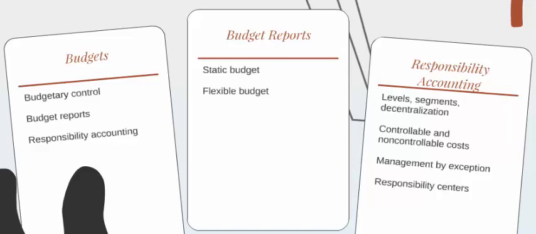Again, the variance will be favorable or unfavorable. Okay, so you can easily see, okay, how did we line up to what we thought we were going to, actual versus budget, and then based on that, we can make good decisions for the future. Okay, see maybe if we have a problem or we're doing really good and we need to continue doing what we're doing, or there's an area for improvement. So a lot of things we can use based on those budgets.